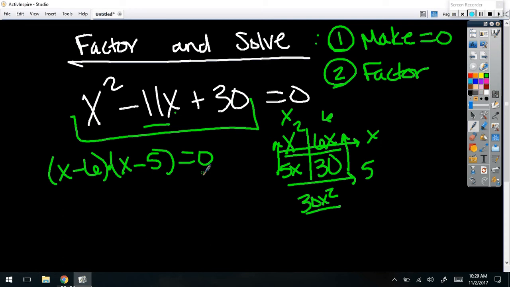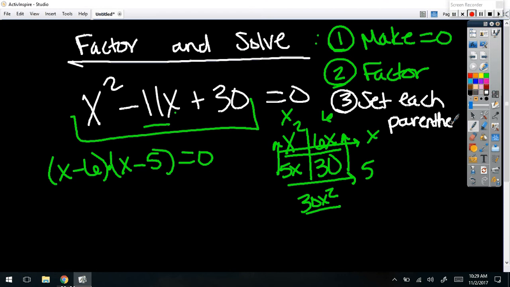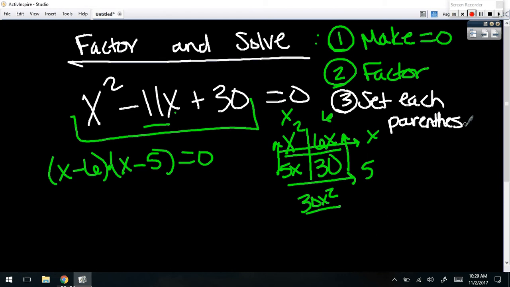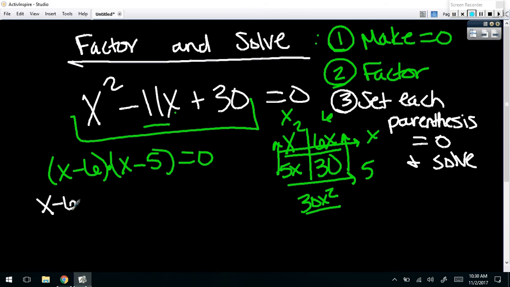So I set both pieces, each parenthesis, equal to 0. In this case, x minus 6 is 0 or x minus 5 is 0.